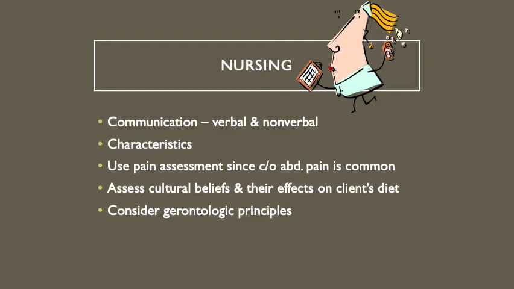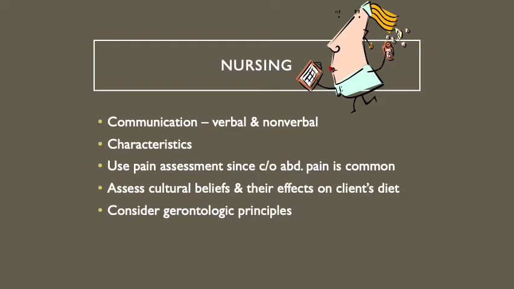So, communication with this patient, the nurses want to have a very therapeutic approach. We want to show acceptance. We want to not show any aversion to what we see, what we smell. And of course, masks are helpful right now with all of that.